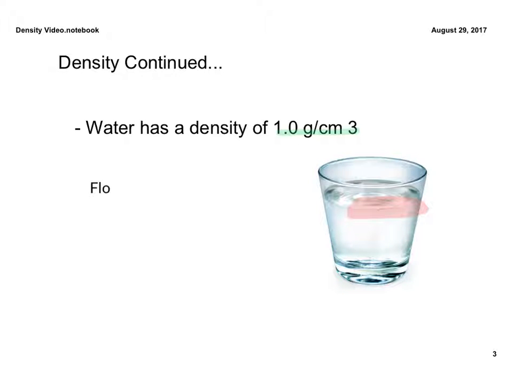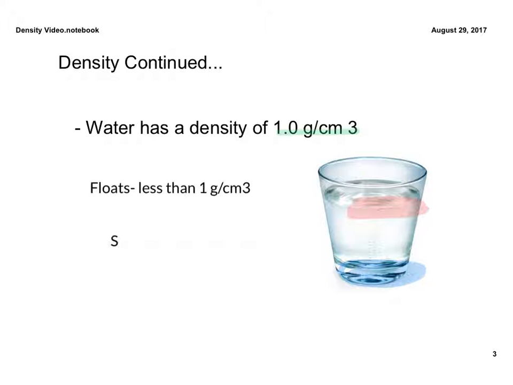If the object floats, that means it is less than 1 gram per centimeter cubed. If the object sinks, if it goes down to the bottom of the glass, that means it is more than 1 gram per centimeter cubed.